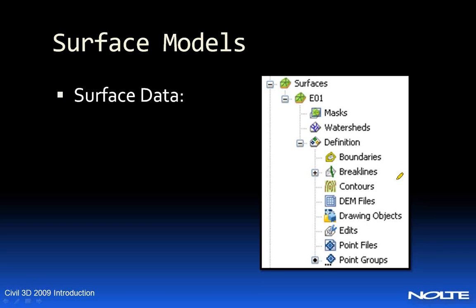The only difference is that we can now bring in data from DEM files in Civil 3D, and then all of our edit commands are here as well. But everything else should be familiar to you from the Terrain Model Explorer in Land Desktop.